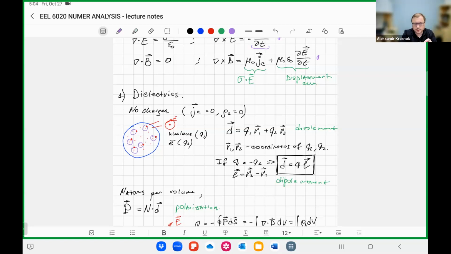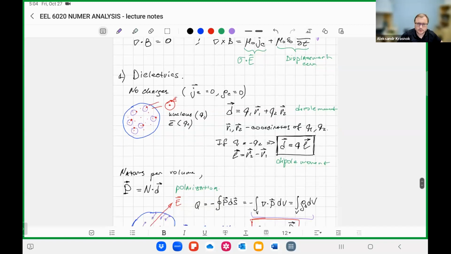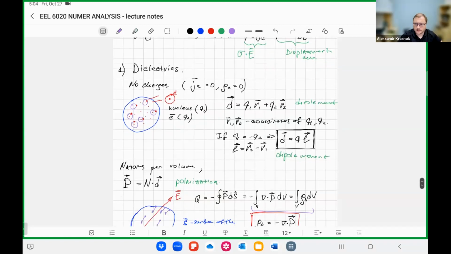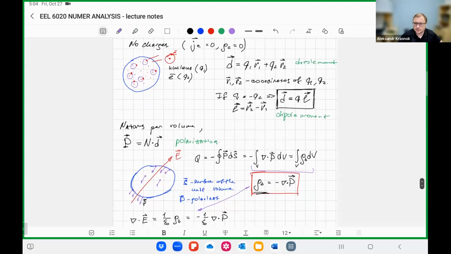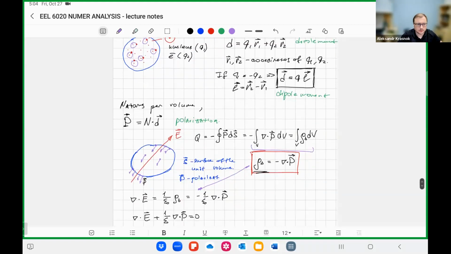They can rotate, they can deform their orbitals, and all of these changes lead to the appearance of polarization. We describe this polarization in terms of the induced dipole moment in every single charge, and the net contribution from many charges gives rise to the polarization vector.